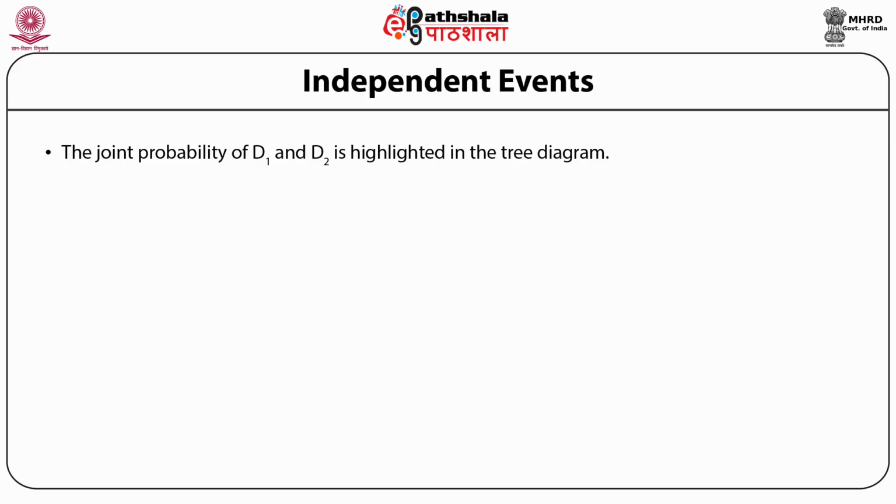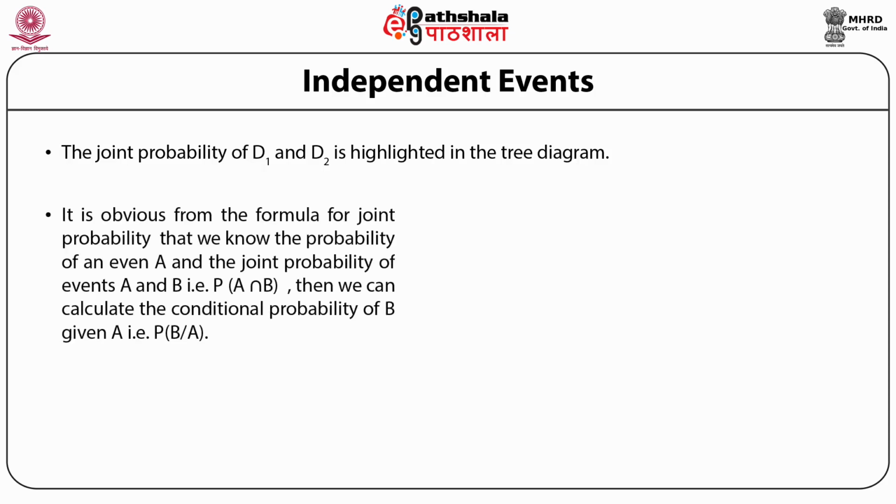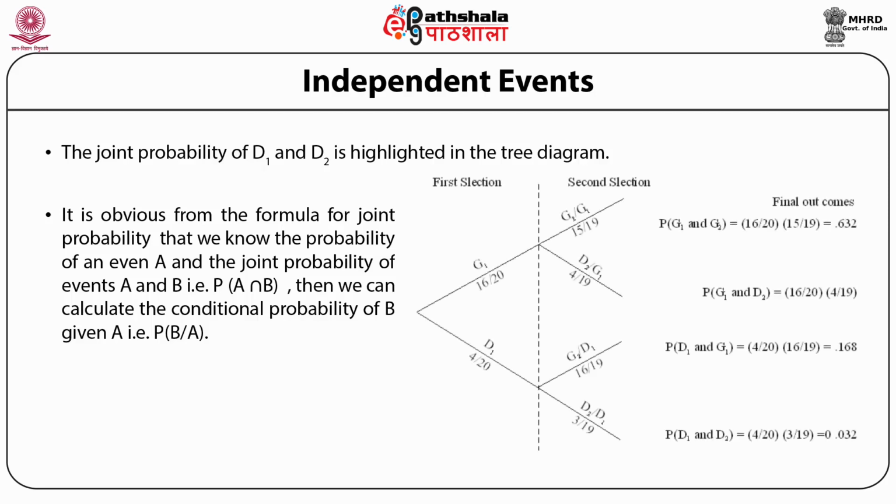The conditional probability is already discussed. It is obvious from the formula for the joint probability that we know the probability of an event A and the joint probability of events A and B, that is A intersection B. We calculate the conditional probability of B for given A.